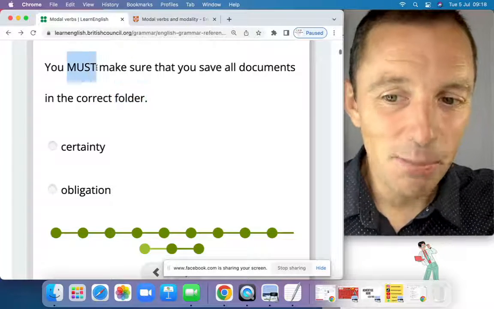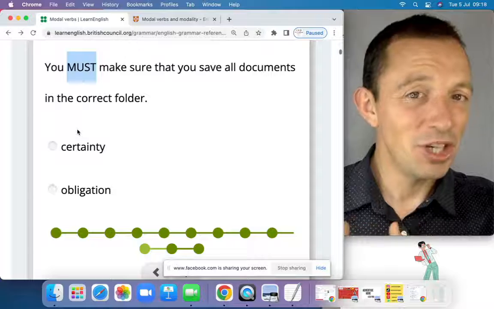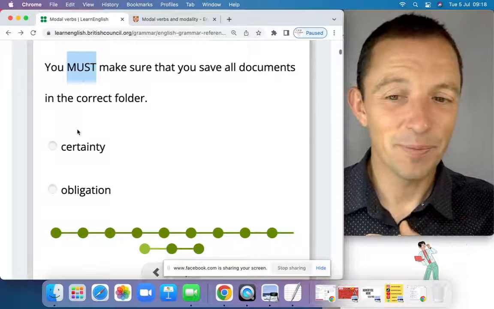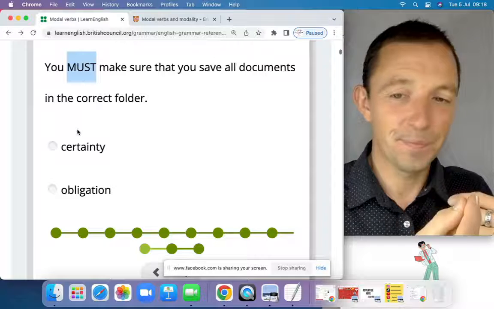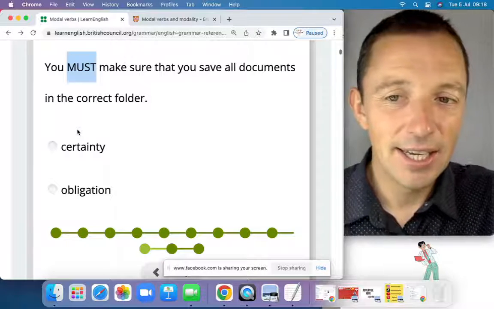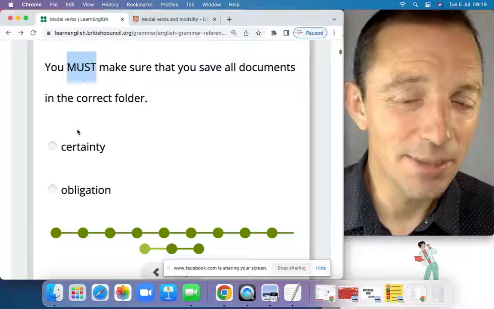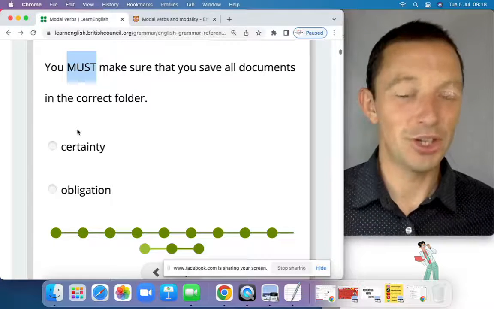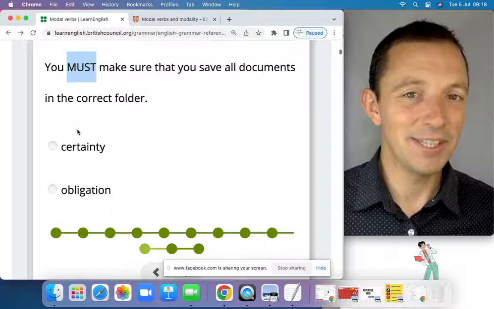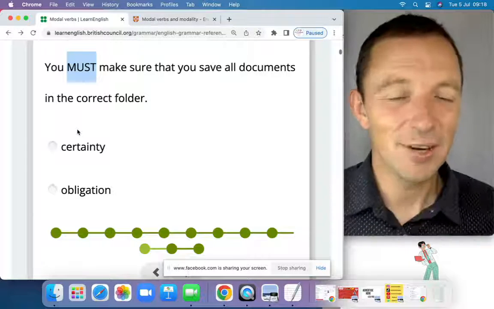The modal is must, and must is typically obligation. You must collect the children. In this case, is it obligation or certainty? In this case in particular, it's more obligation. You have the obligation to make sure that you save all the documents. It's obligation. It's a requirement.